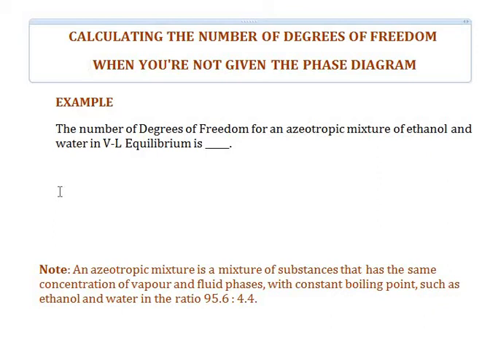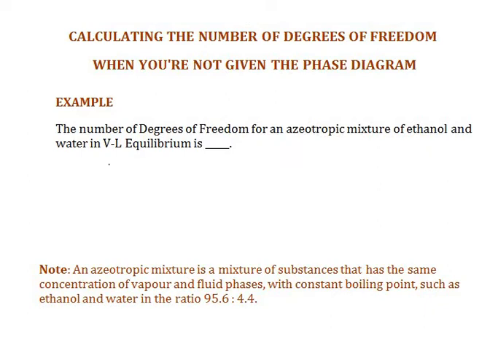The reason is our Gibbs phase rule equation, where F is equal to C minus P plus N, where N is usually 2 in some unary phase diagrams, such as the one that involves water, and is 1 for some other cases.